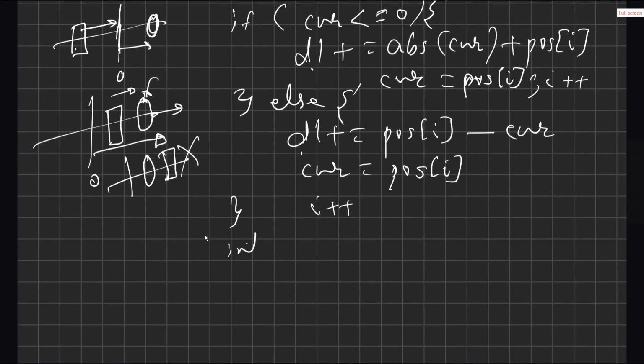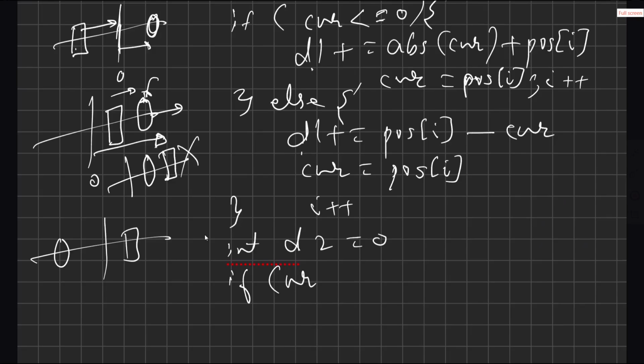Now similarly, distance 2 will be, it's like Takahashi is very similar, let's say here, and he wants to pick a cookie which is on the negative side. So in that case again we have to check if your current is greater than or equal to 0, which means he is on the positive side but he's calculating the negative side's cookie. So in that case your distance 2 will be basically this distance, where this position is the current, right?